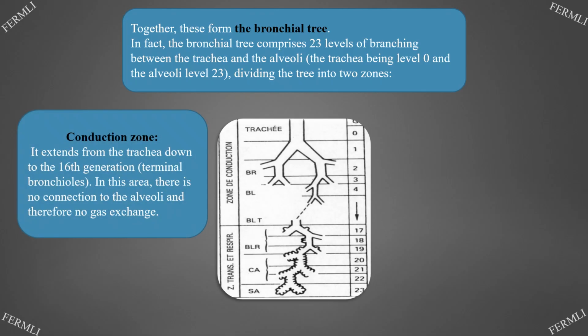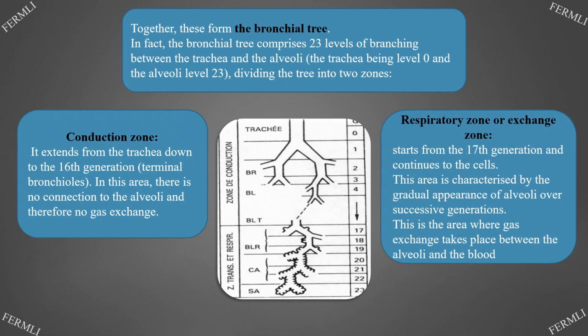Conduction zone. It extends from the trachea down to the 16th generation, terminal bronchioles. In this area, there is no connection to the alveoli and therefore no gas exchange. Respiratory zone or exchange zone starts from the 17th generation and continues to the cells. This area is characterized by the gradual appearance of alveoli over successive generations.